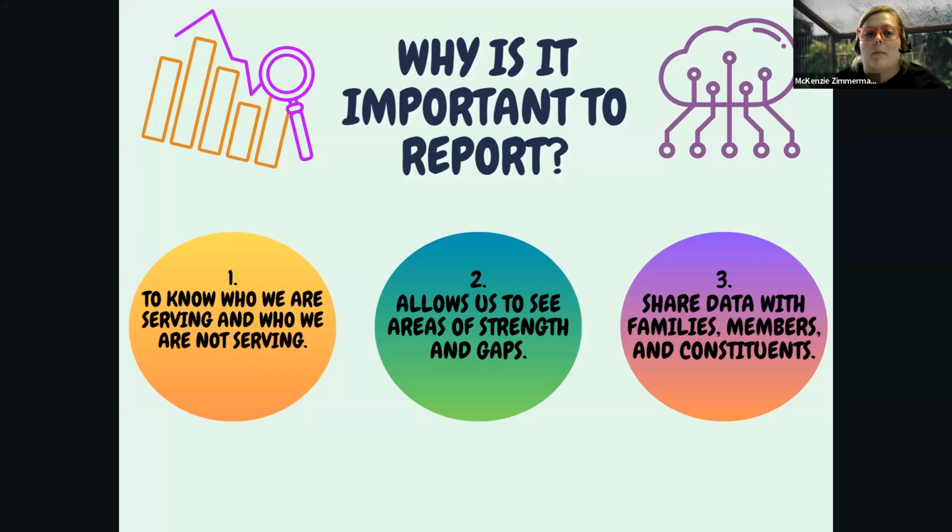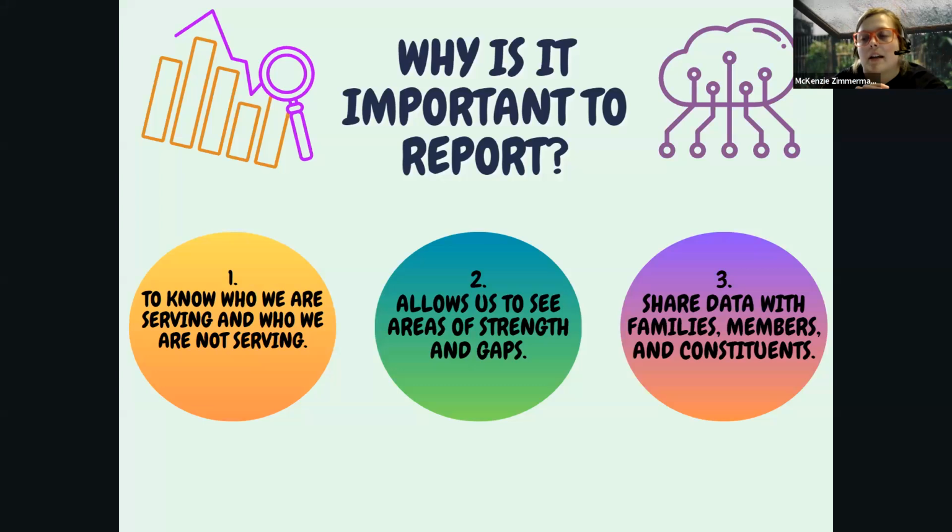That allows us to make appropriate changes and modifications for the next program year, to help us kind of even out that playing field a little bit. And you guys know your communities better than anybody. And if STEM is their jam, cool, but maybe adding in something different would also help them. But it allows us to see our areas of strength and our potential areas where we have gaps in programming and curriculum.